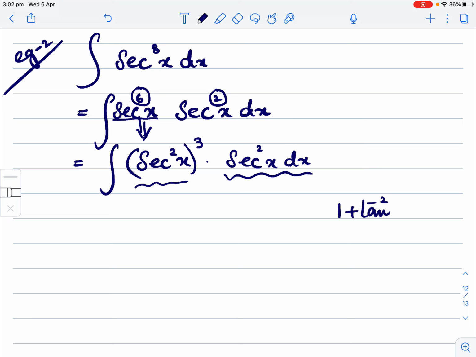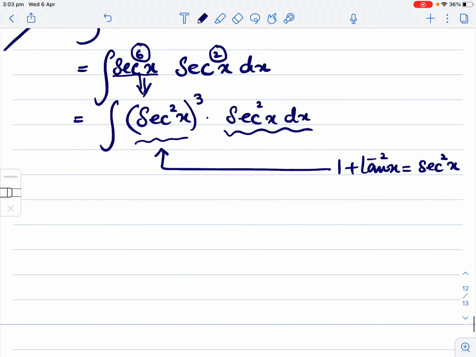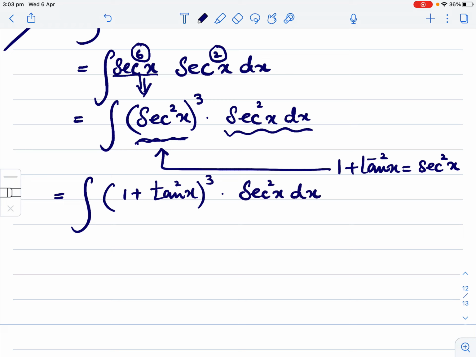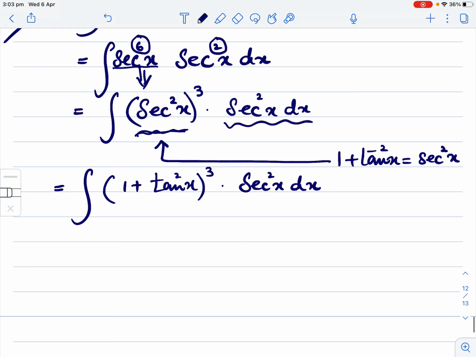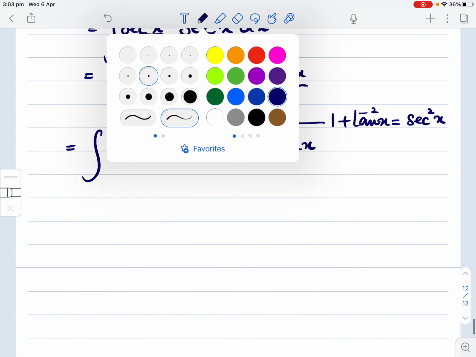Because I can use this formulation in here. Alright, so I can write the sec^2 x as (1 plus tan^2 x)^3 and then sec^2 x dx.